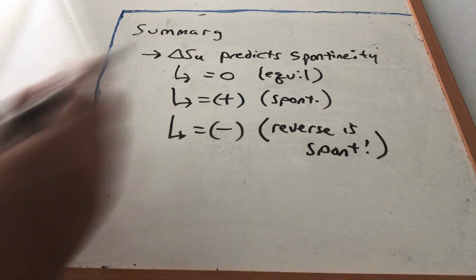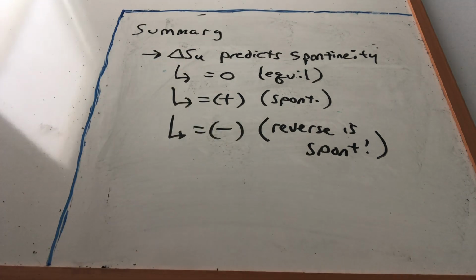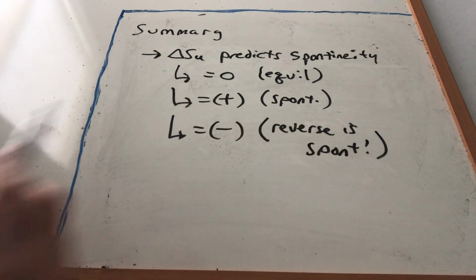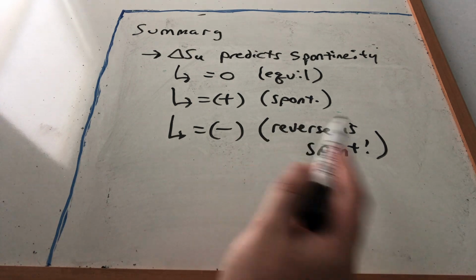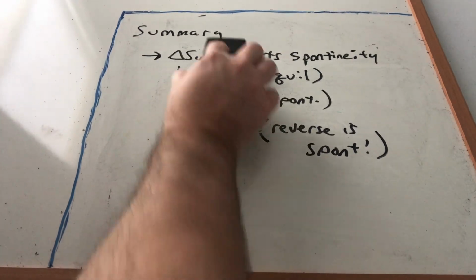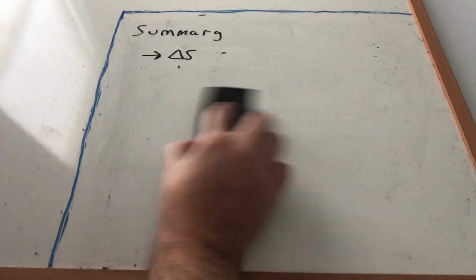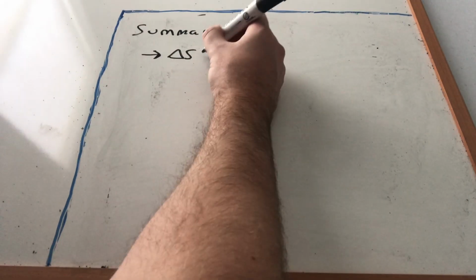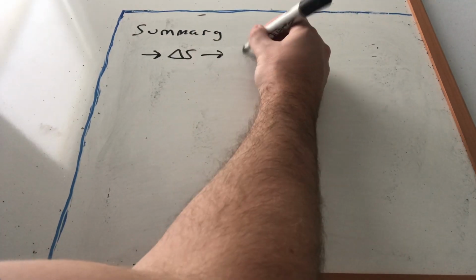It's almost like delta SU tells us like Q versus K, which is a connection that we'll make eventually. It tells us whether, as it's written, it is going to happen left to right, or whether as it's written it is going to happen right to left. The way you get delta SU is from delta S. Delta S for your system measures disorder. It doesn't measure spontaneity.